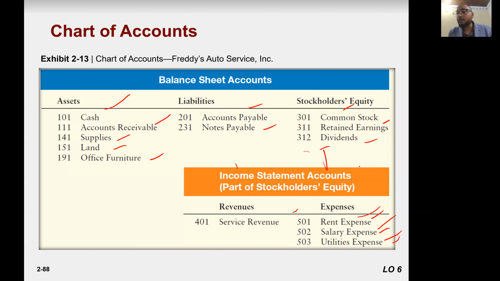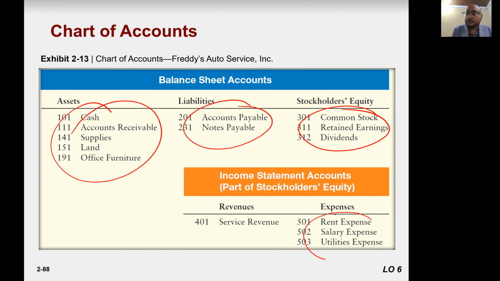It means you cannot post an entry related to tax expense here. Anything that happened because the company opened these chart of accounts, you cannot enter an account on your own, right? So you must follow these accounts to post and journalize the entry, that's it. So this is called the chart of accounts, right?